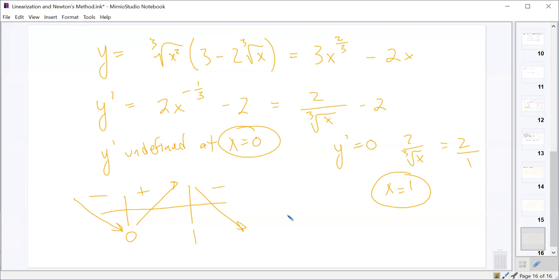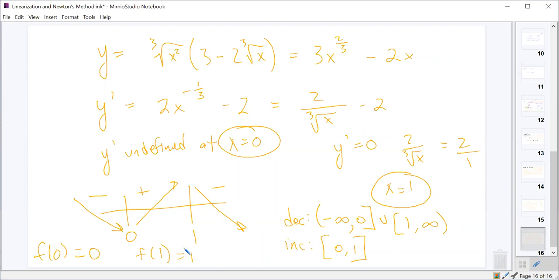So we end up decreasing from negative infinity to 0 and 1 to infinity, and we end up increasing from 0 to 1. And then to find the local min and the local max, we'd have to find f of 0, and f of 0 would be 0 times 3 minus 0, so that'd be 0. f of 1 would be 1 times 3 minus 2, so f of 1 would be 1.